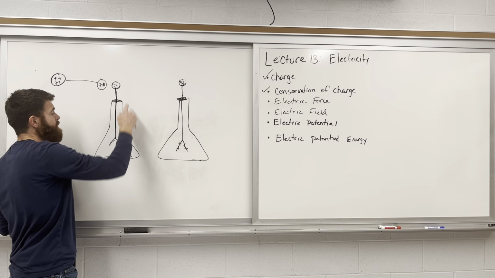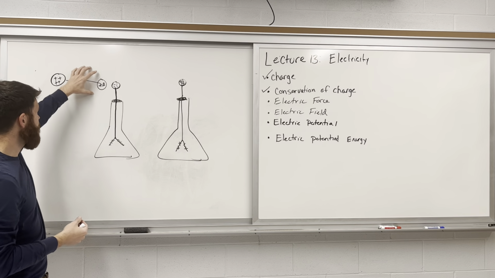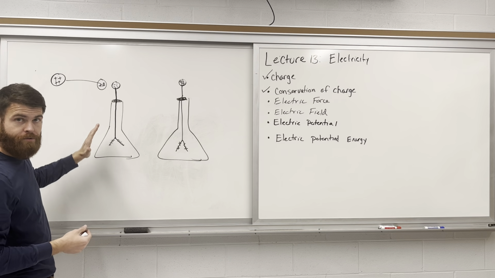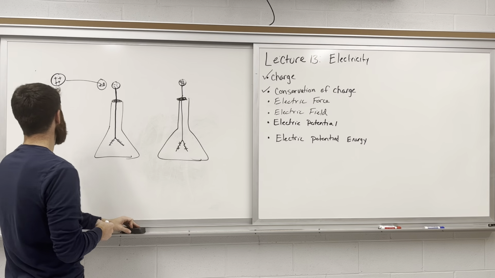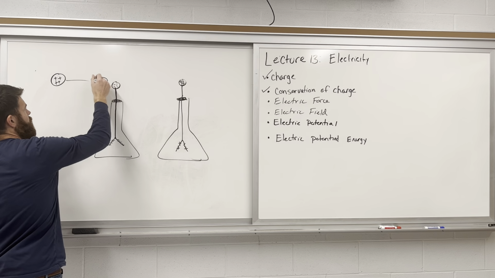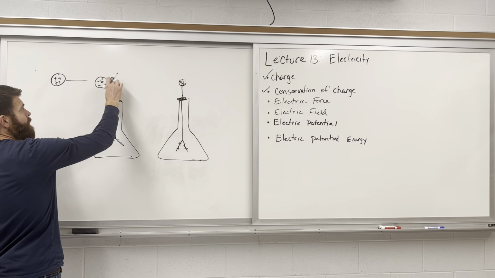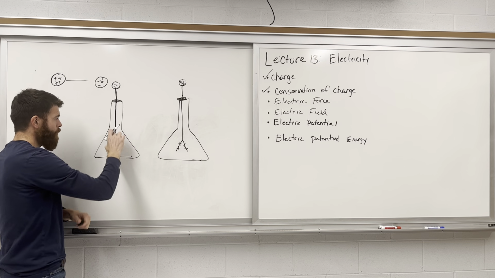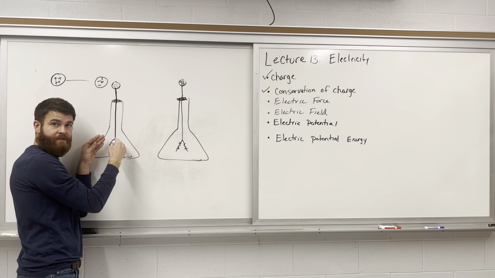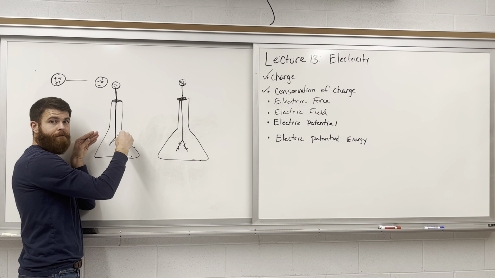However, if this was a negatively charged object, it would repel the negative charge, pushing more of it down into the pieces of foil, and that would push them apart even further.